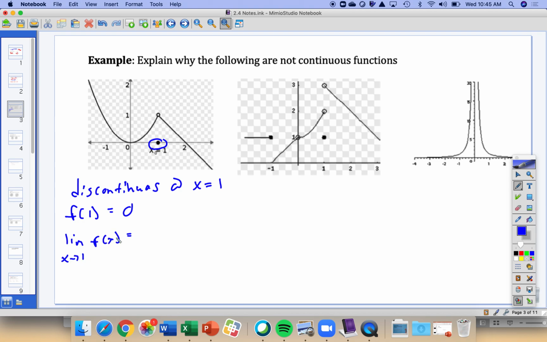As I get closer and closer to the x value of 1, you see I approach it this way, and I can approach it this way. And the limit as I approach 1 is 1, because this is where the function is supposed to be. Now, because these two are not equal, it's discontinuous at that value.